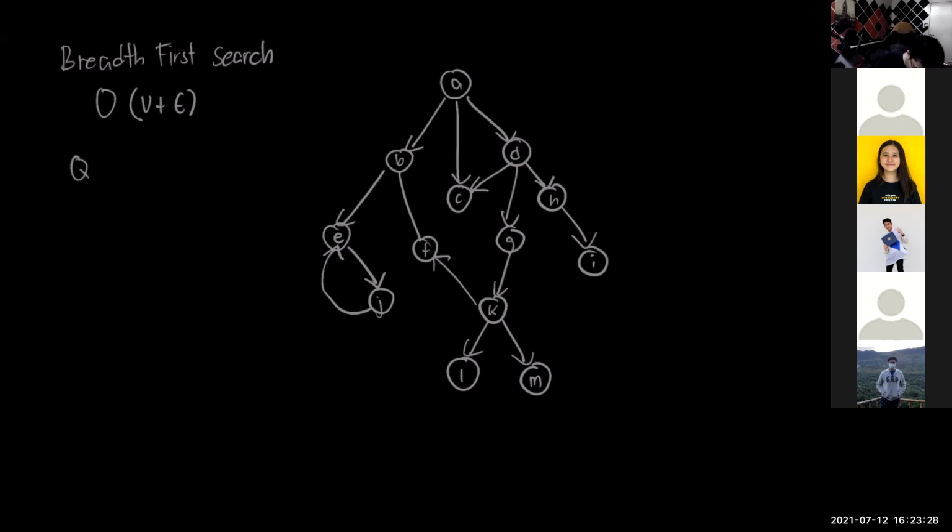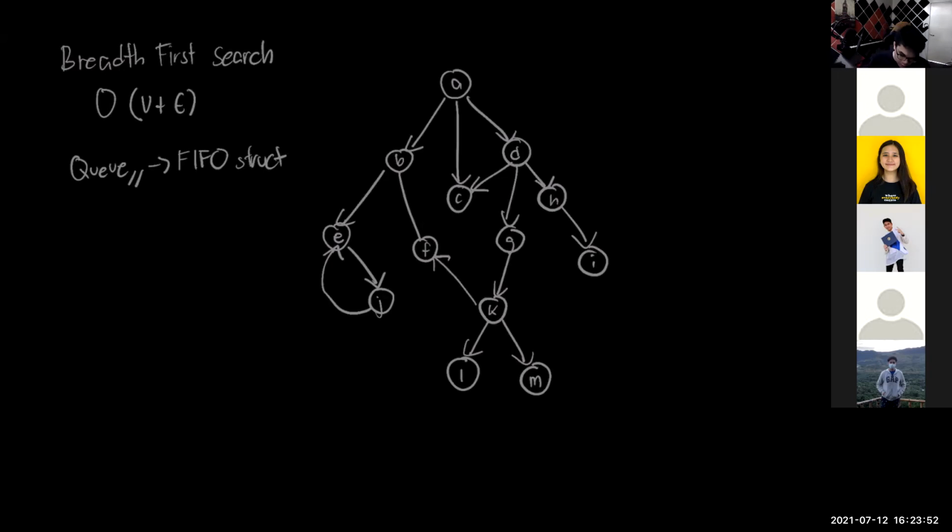A FIFO data structure. Think of it as literally falling in line, where it's first come, first served. Whatever is first processed is what is next to be served.